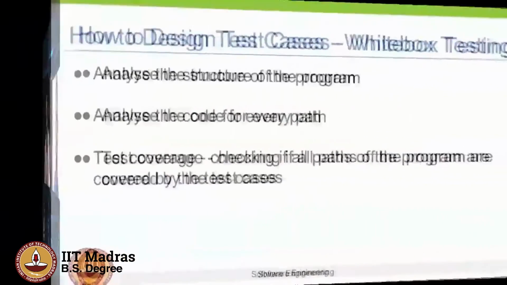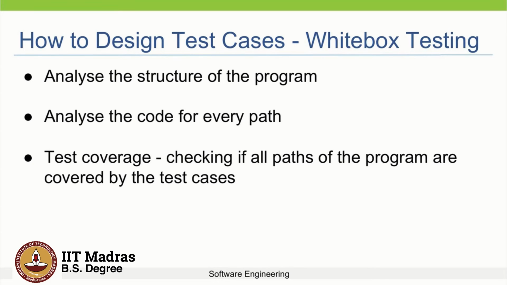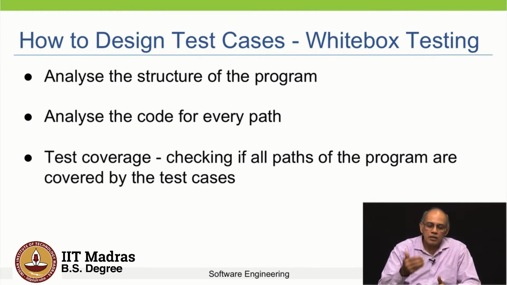Now that we have seen black box, obviously there is another way, which is the white box, right. So, white box testing is to analyze the structure of the program. The idea is that the program is like a white box, it is transparent, you can look into it. So, this is also known as structural testing. How do we do that?